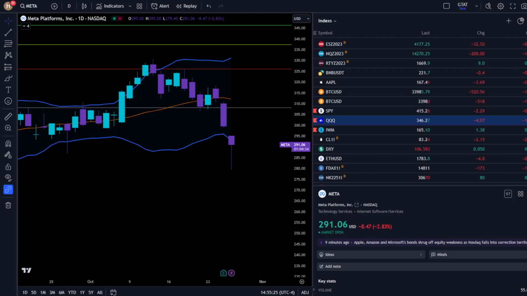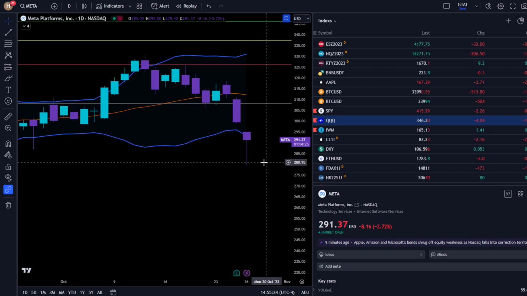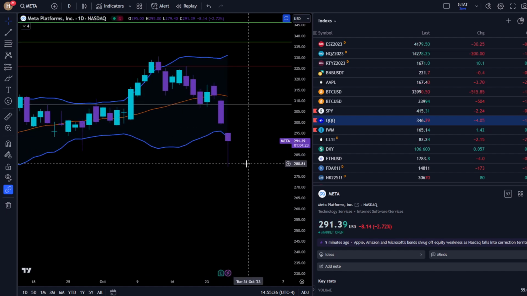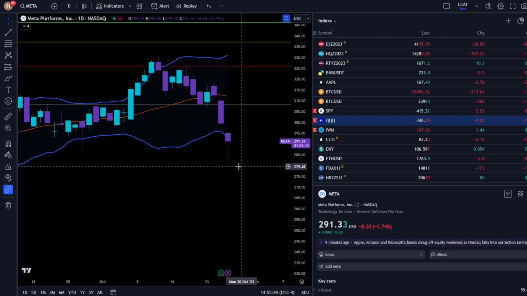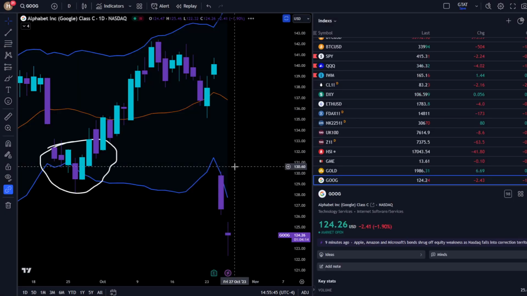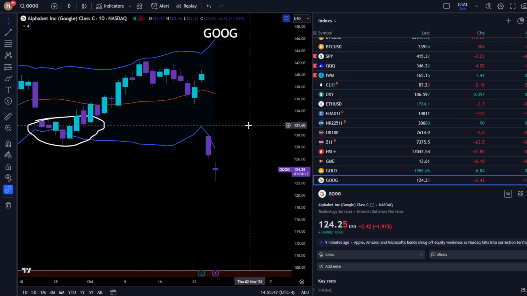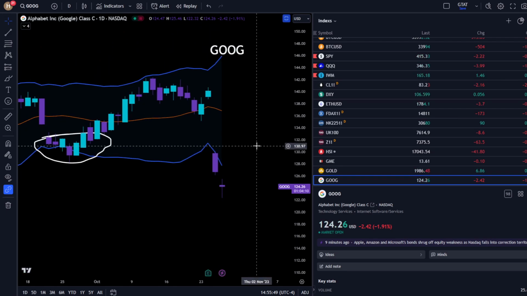The fifth reason is all of these large mega cap tech stocks that are very overextended to the downside. Meta was very far overextended to the downside. Obviously, it had to do with the weakness in earnings, but this had a very big move to the downside. Meta, Google, of course, how far overextended these stocks are to the downside.